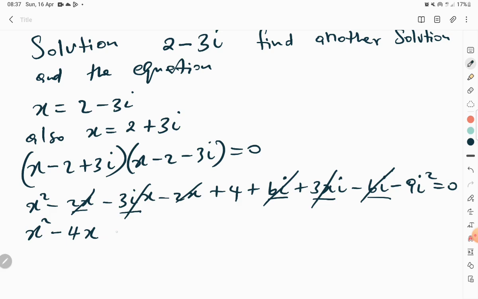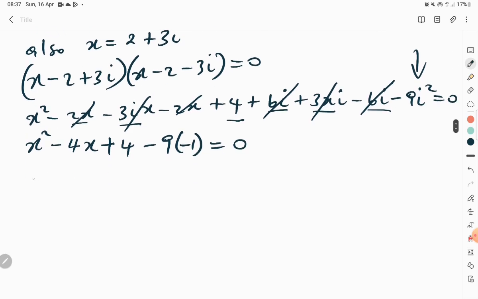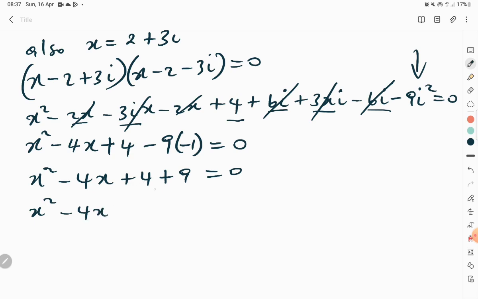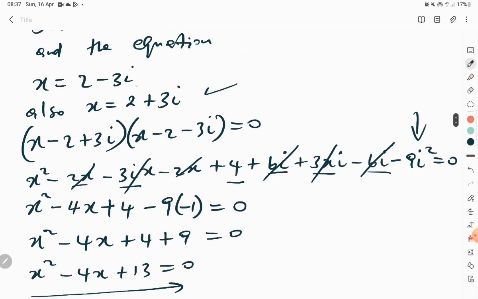Then the only thing that we are left with is plus 4, which is this one, and minus 9 times i squared. We discussed that i squared is equal to negative 1. So we have x squared, then minus 4x, then plus 4 plus 9. So 4 plus 9 is equal to 13. So this is the equation that has these solutions.